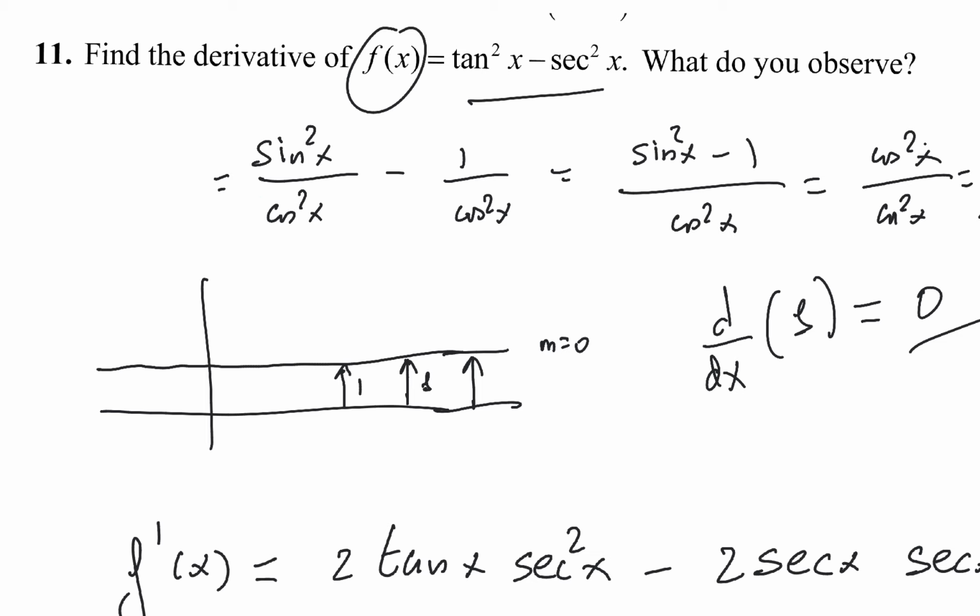Now, sine square of x minus 1 by the trigonometric identity is minus cosine square of x. So this will be cosine square of x divided by cosine square of x, so it will be 1. What it says is that the function f of x is the function 1, the function that never changes, the function that has a slope 0. So the derivative, that is the slope, should be 0. So we have to do the mechanical way to find the derivative and to show that this is 0.